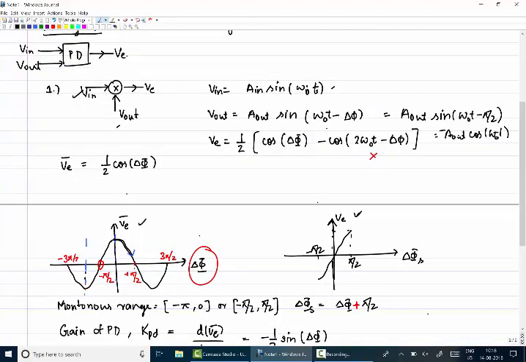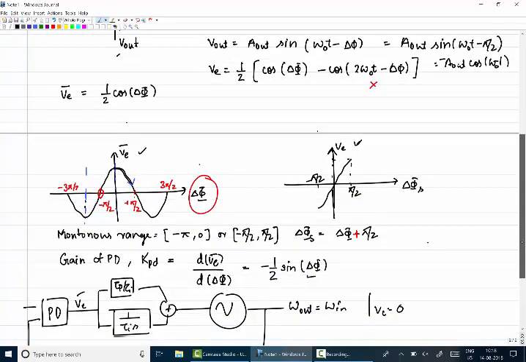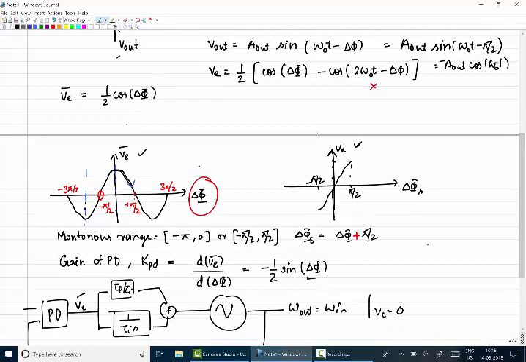And if you remember, the locking condition for a PLL is not that the phase error is equal to 0. The locking condition for a PLL is that the phase error should not change with respect to time. If I have any kind of a positive value here, just for an example, I can have the error voltage be some delta V as a positive value.